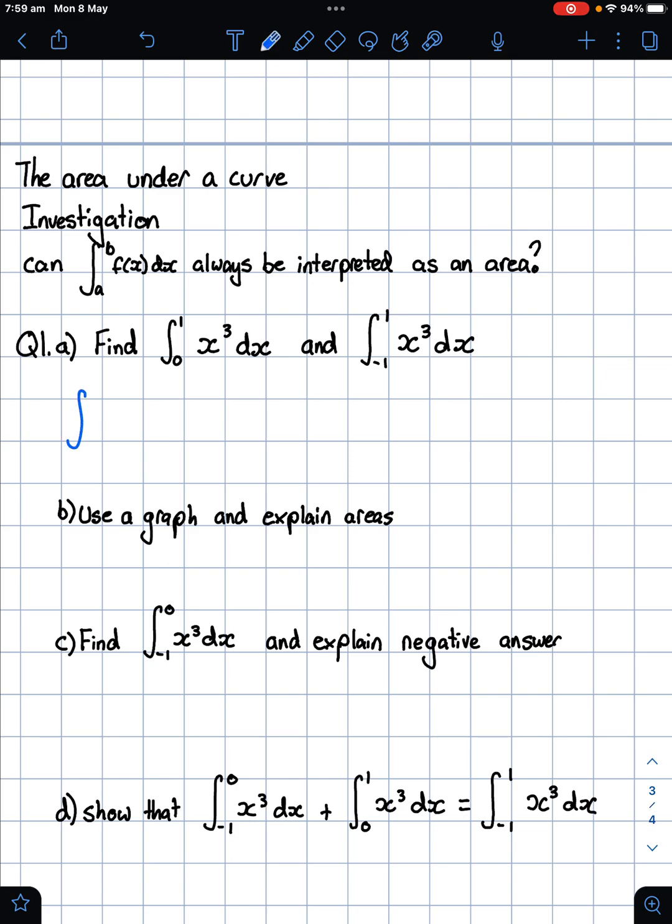The integral of x cubed dx will equal the definite integral of x to the 4 over 4 between 0 and 1.